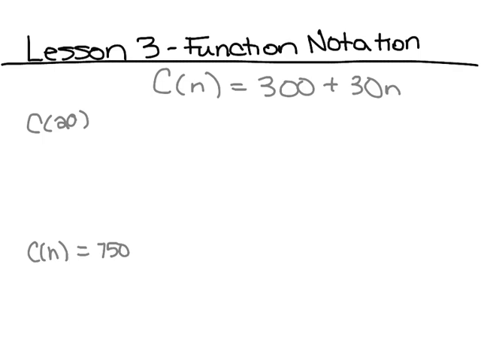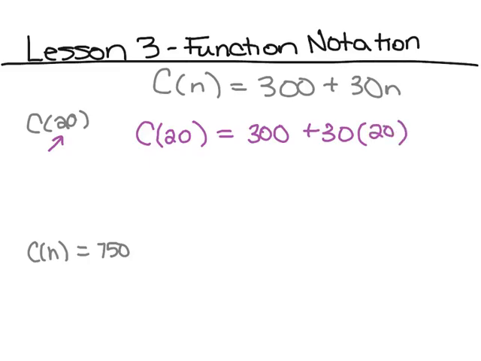In our first example, the 20 is replacing n, so we replace n in the entire equation. So 300 plus 30 times 20. Now all we have to do is evaluate. 30 times 20 is 600, so c of 20 is equal to 900.